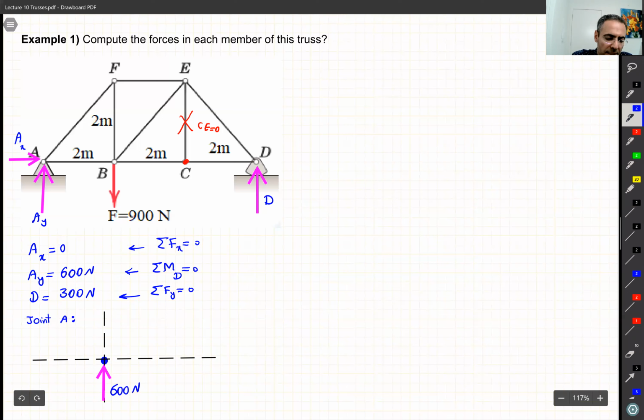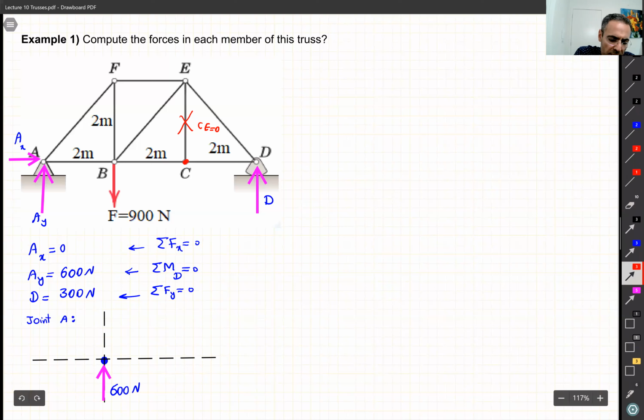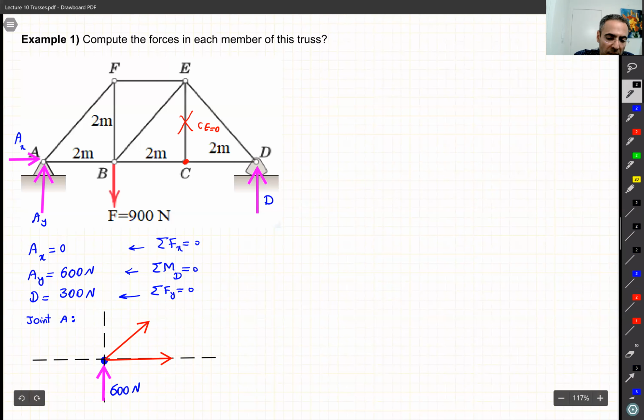So what else? This joint A, there are 2 members that have been connected to this guy, right? One is AB and one is AF. And remember our assumption? We said that we assume all the forces are basically tension.